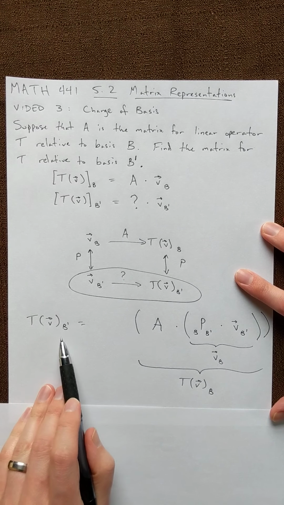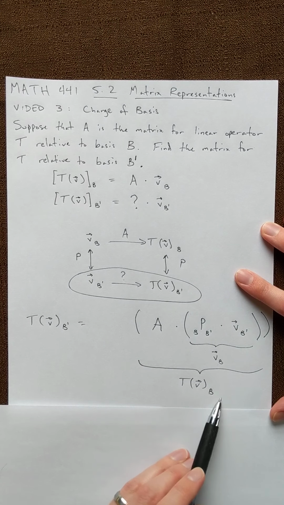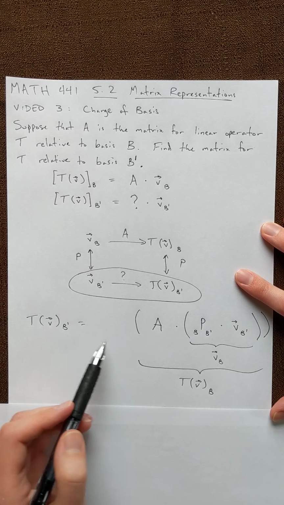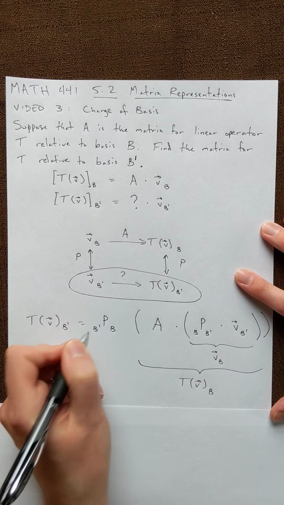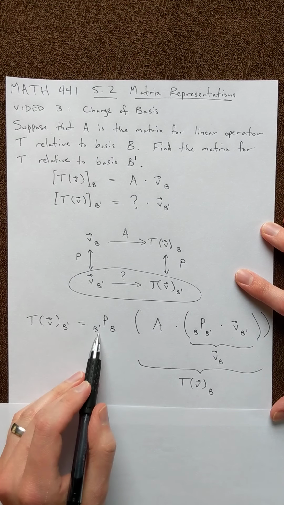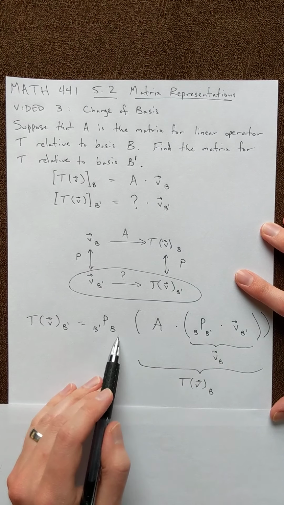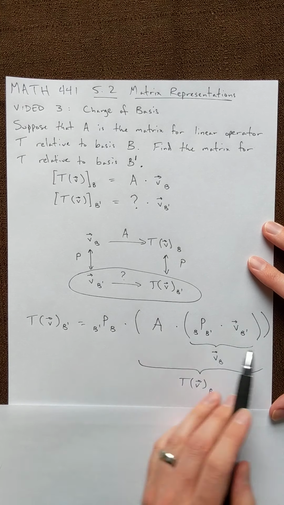We want T of V relative to the B prime basis, so we're going to need one more change of basis. So going from basis B to basis B prime means we need the B on the right and the B prime on the left. Remember, it's just like dimensions of matrices. The ones on the inside cancel out, and you have whatever's left over. So the B primes cancel out, we have B left over. Now we have B's canceling out and B prime left over. And so I think that should be it.